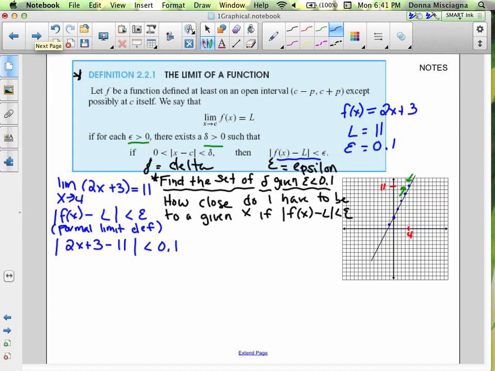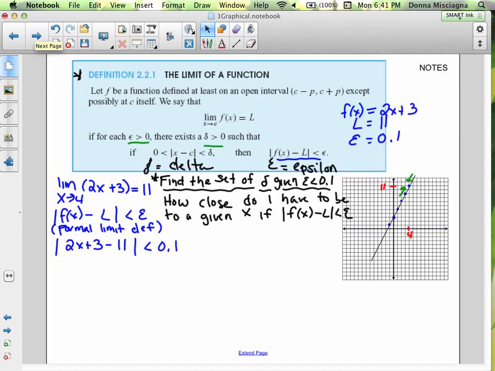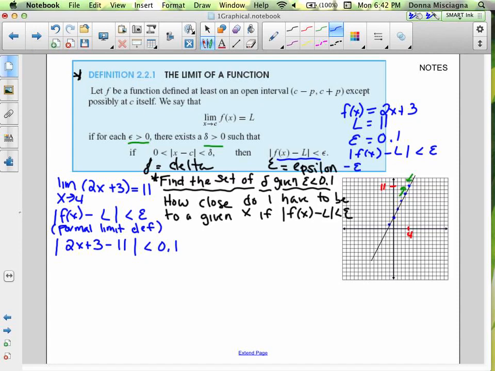Well, now we have two choices. We can either simplify inside the absolute value bars or rewrite. Let's rewrite, just to make sure you understand the rewrite, because simplifying inside the absolute value bars is pretty easy. Remember, when you take the absolute value of something, in our limit definition, if the distance from f of x to L has to be less than epsilon, it could be that distance to the left or that distance to the right.